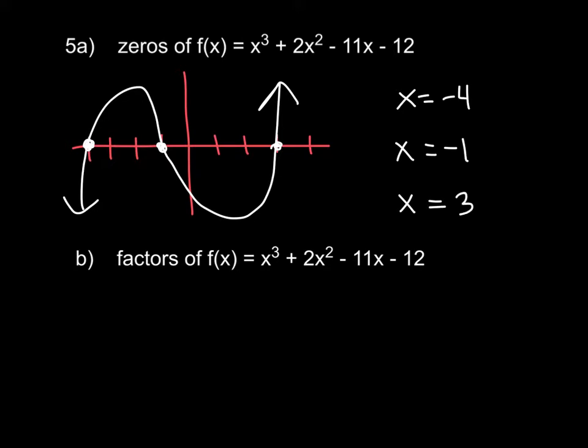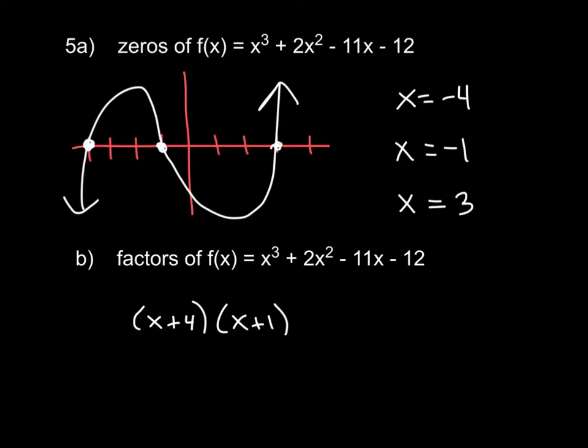All right, now in part B, they want to know what are the factors of this function. Well, the factors are going to have the opposite sign of your zeros here. So if x equals -4, that means we're going to have a factor of x plus 4. If x equals -1, that means we're going to have a factor of x plus 1.